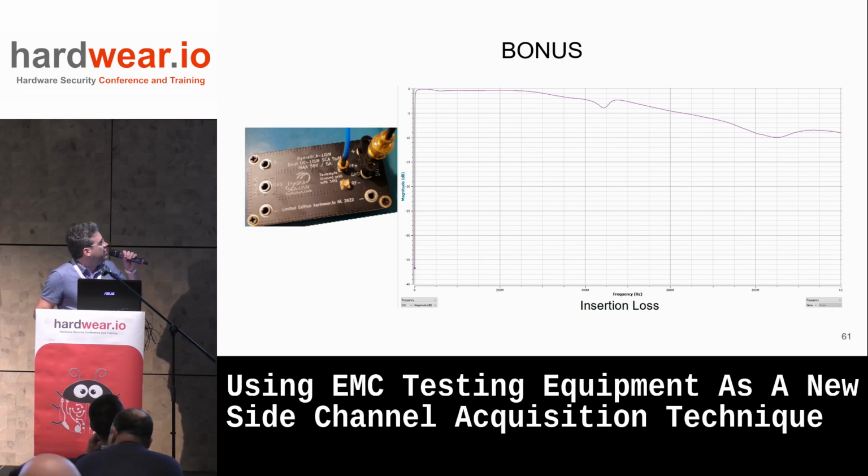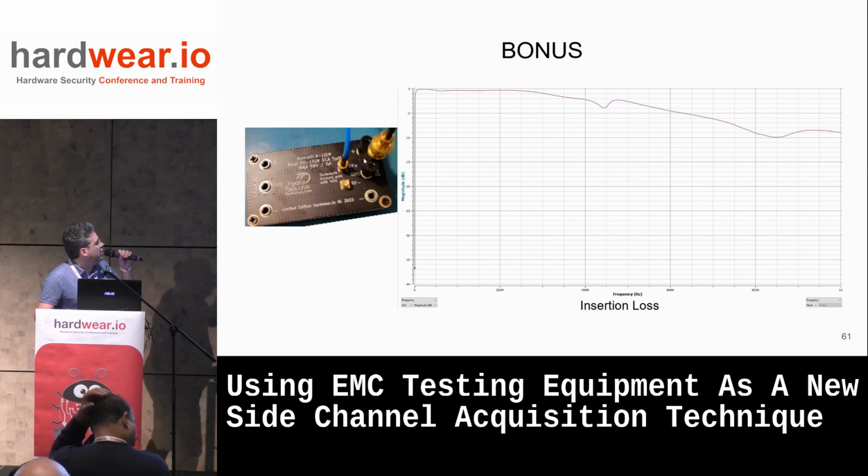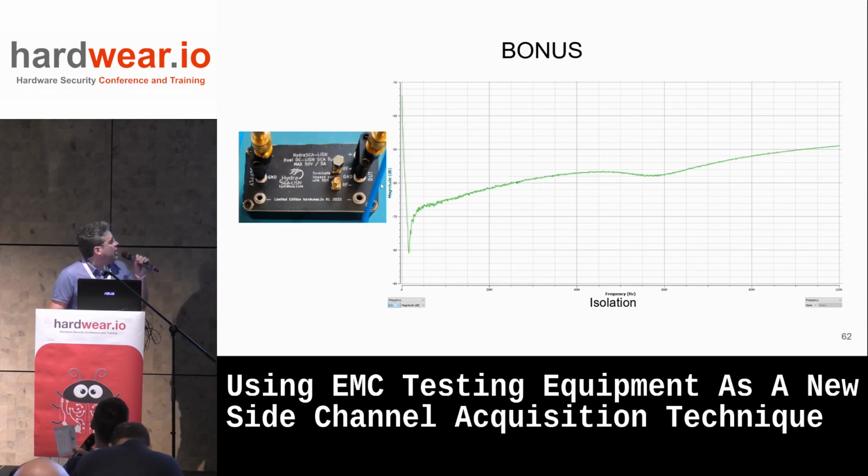The limitation is my test setup there, as a banana plug is not the best to have a good signal, but it's the only way to measure the insertion loss with a vector network analyzer. And there we see the isolation. With the LISN with the filter and the inductor, we see more than 60 dB isolation.